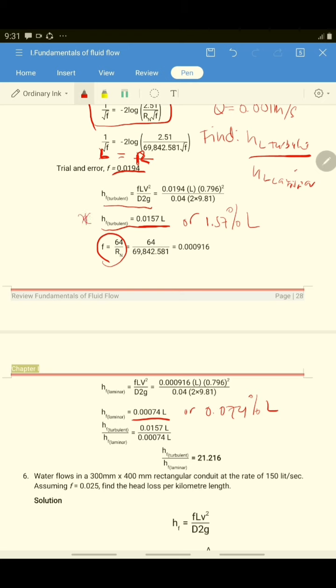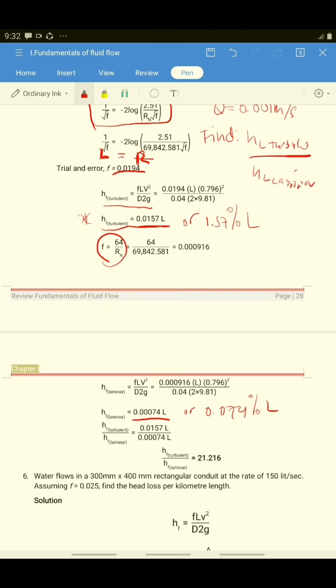is equal to how much? 0.0157 times 100, that is equal to 1.57 meters.